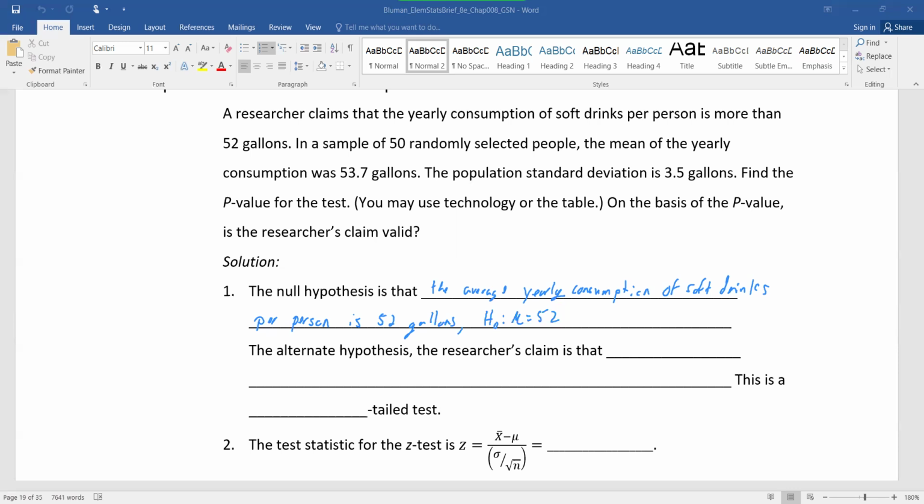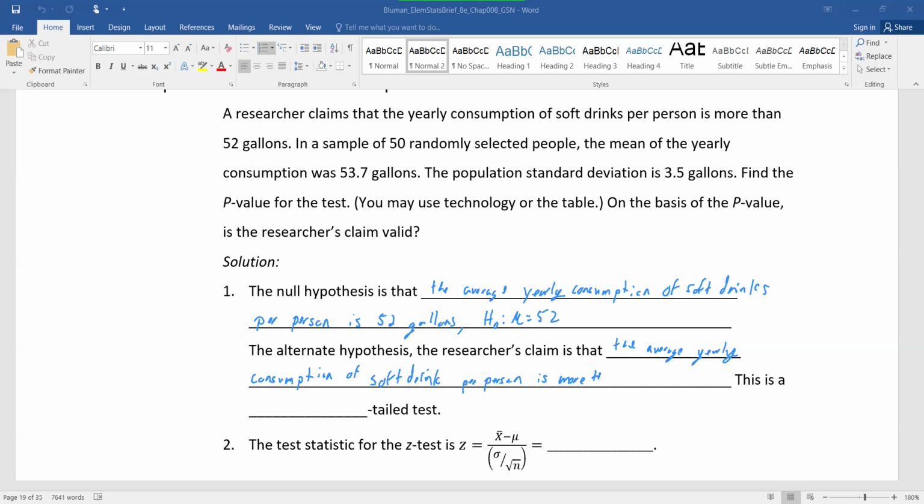Greater than. Any one of those words, greater than, more than, increase, anything along those lines. So the alternative hypothesis, which again is the researcher's claim, is that the average yearly consumption of soft drinks, always stating the situation first, per person, is more than 52 gallons.